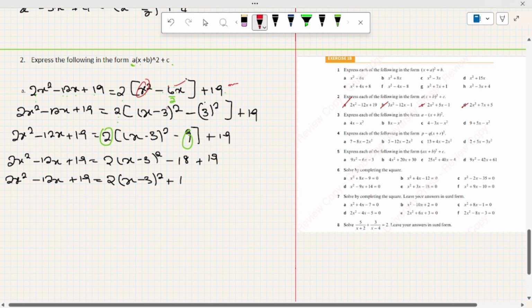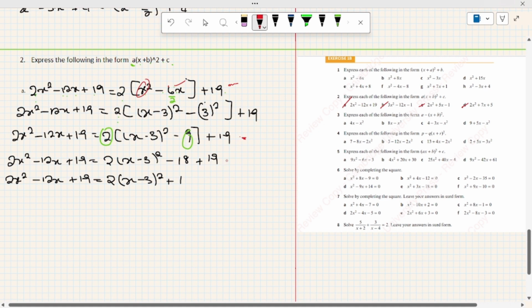Then after doing that, it's going to be (x minus 3) squared minus the squared value of 3, plus 19, right? And then the second step, now what you're going to do is just find the values. 3 squared is what? It's going to be 9, right?